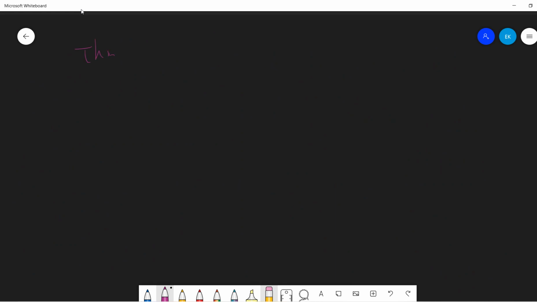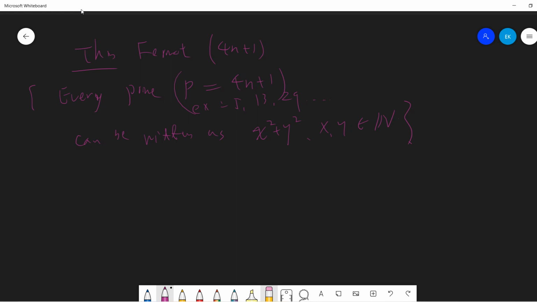Every prime p of the 4n+1 type, for example 5, 13, 29, can be written as x squared plus y squared, where x and y are both natural numbers. So this is the statement of Fermat's 4n+1 theorem.